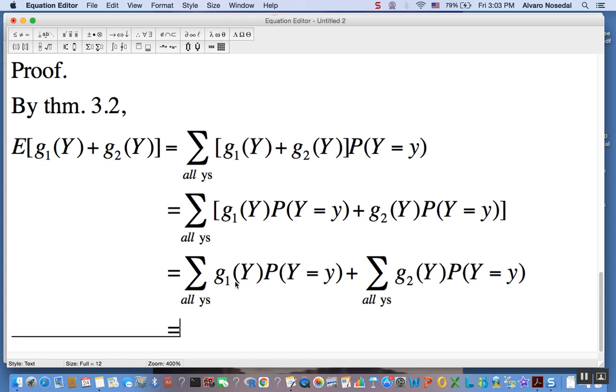But this, take a look at this. This is g1 of y times the probability distribution of y. That is just, you know, the expected value of g1 of y.